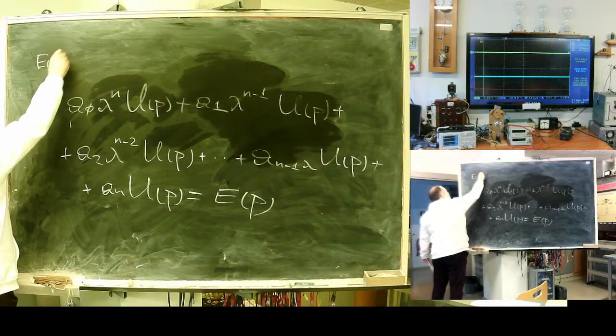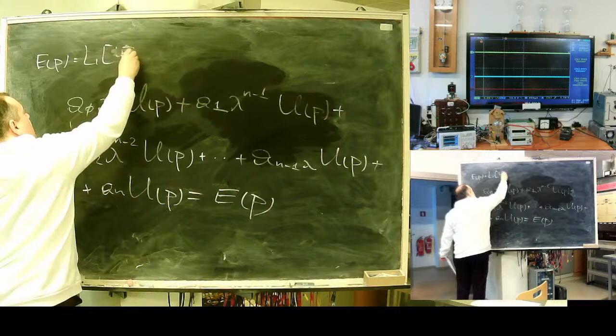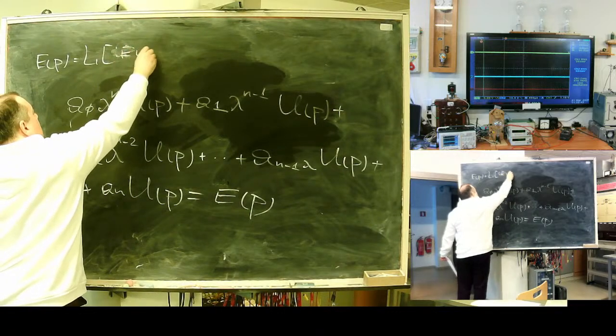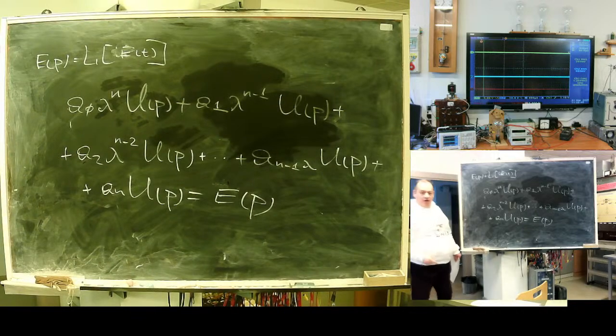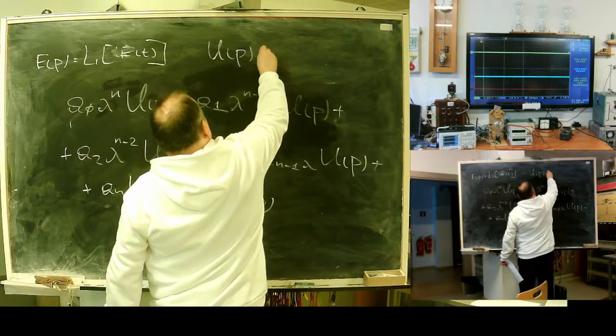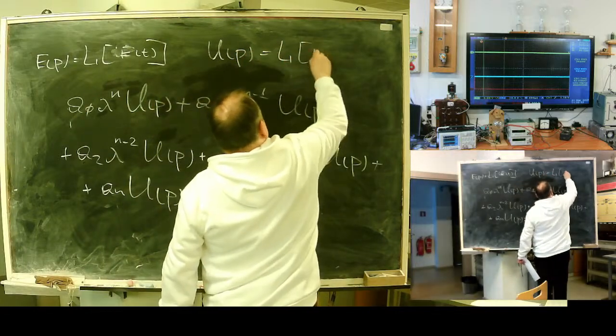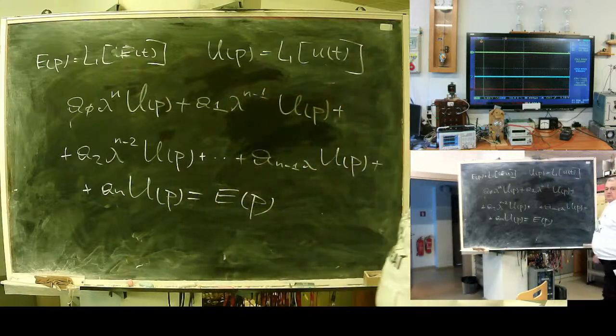E is the Laplace transform of my input, the Laplace image of my input EMF, and U is the Laplace transform of my output voltage, the observed voltage.